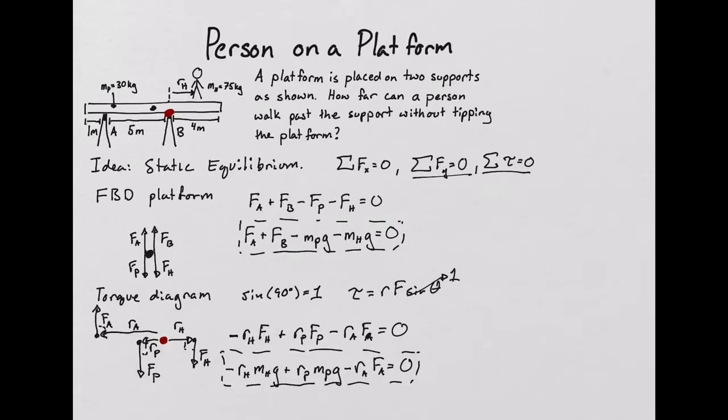And so essentially what we were asked is to find R_H when F sub A goes to 0, which is going to make our system easier to solve. In fact, at this point we can see we only need this lower equation, which only has R_H and no F_B in it, to solve for R_H.